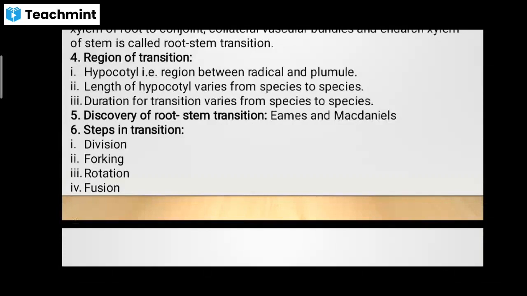These are the four different stages that take place in the vascular bundles, and due to these processes the anatomical structure changes from root to stem. That means from radial arrangement to the conjoint collateral arrangement.